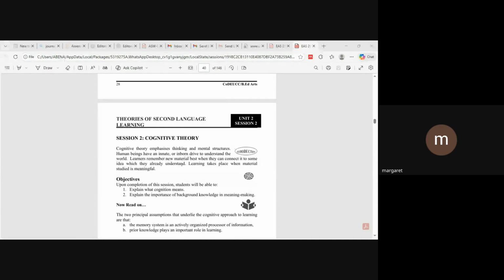Now you move on to the next theory that explains language learning. The next theory is what we call cognitive theory. Cognitive theory came out as a result of the criticisms that are associated with behaviorist theory.